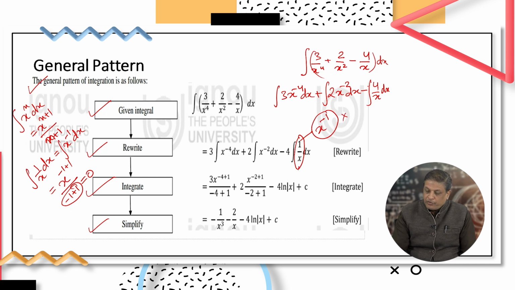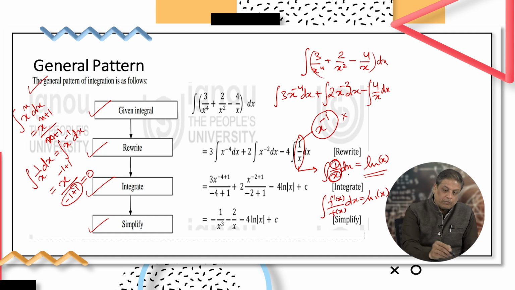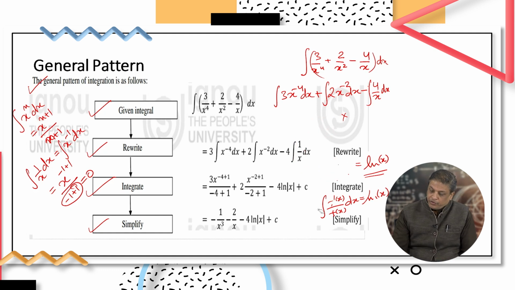But over here, we are going to use the formula that integral of 1 over x dx is equal to natural logarithm of x. Rather, there is a formula integral of f dash x over f(x) dx is equal to natural logarithm of f(x), which we are following over here. Derivative of x is nothing but 1. So f dash x upon x gives natural logarithm of x. So that's why by rearranging, we are getting the expression which is shown over here.